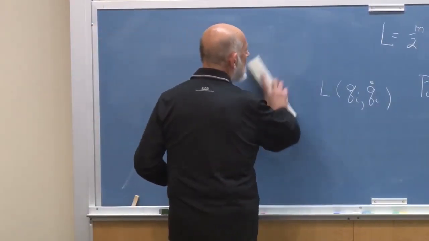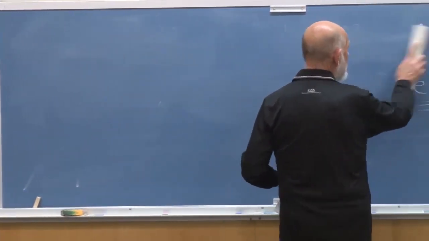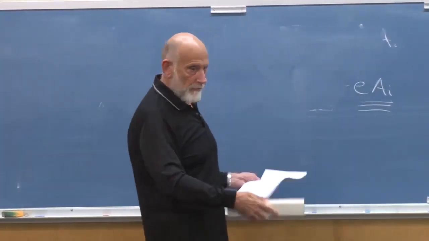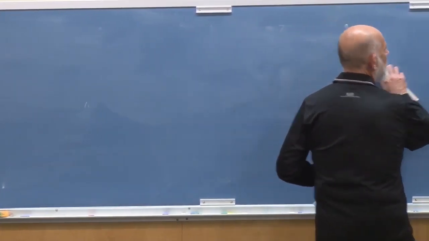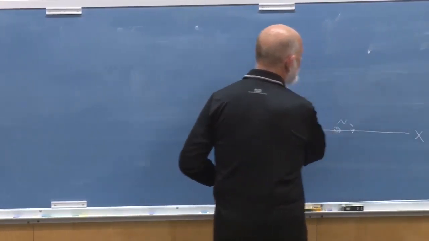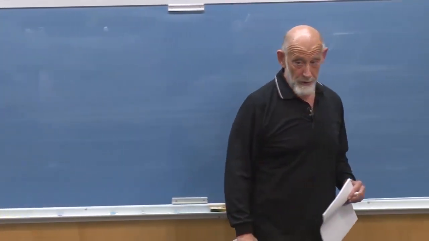I want to spell out in detail in what sense field theory is just a version of classical mechanics. But the reason I'm going there is because I want to get to these questions of conserved quantities, conserved momenta, and also the conserved energy.